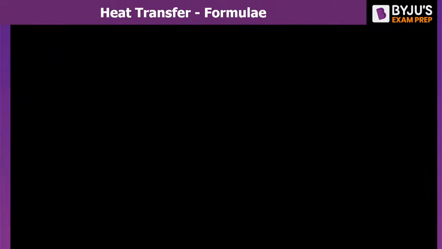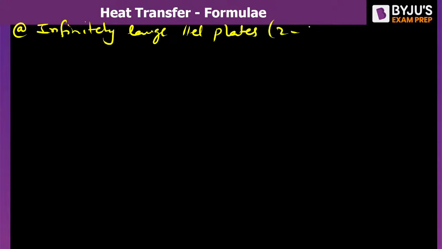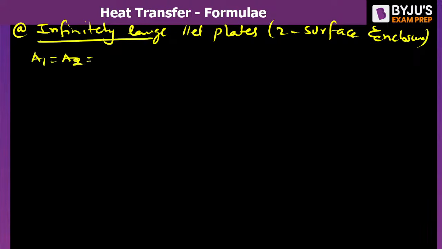For infinitely large parallel plates, it can be treated as a two surface enclosure. For a two surface enclosure, A1 is equal to A2 is equal to A, and F11 is equal to 0 is equal to F22, or we can say F1 to 2 is equal to F2 to 1 is equal to 1.